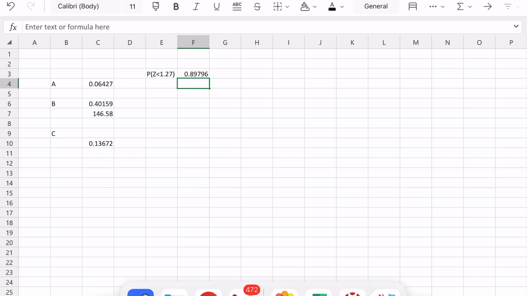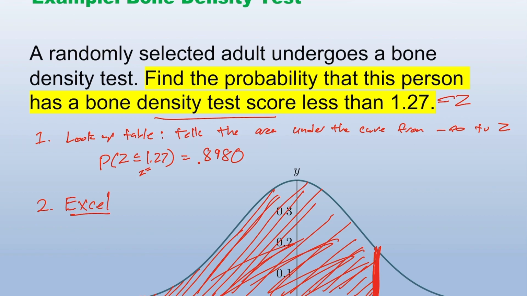In Excel, I use NORM.DIST, 1.27, 0 for the mean, 1 for the standard deviation, 1 for cumulative. That equals 0.8980, and if I round that, I do in fact get 0.898.